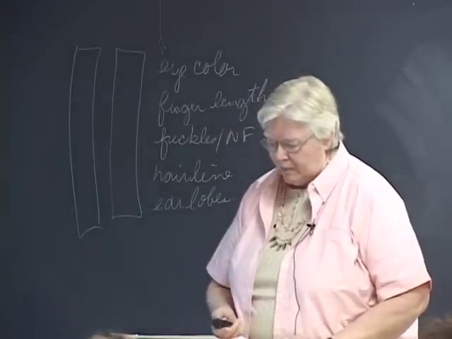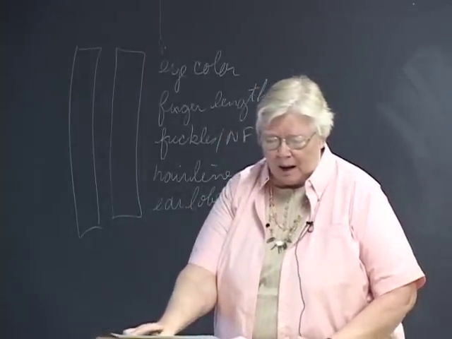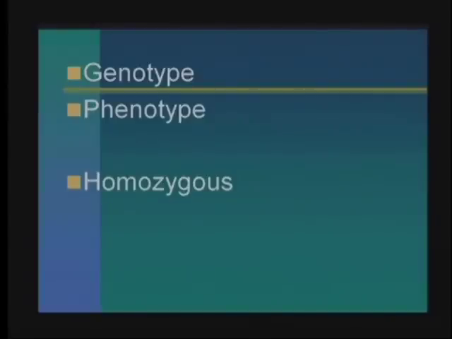Okay. Two other terms that we need to talk about are homozygous and heterozygous. Homozygous is when both genes in a pair are identical. And then, of course, I think you probably can figure out what heterozygous is.